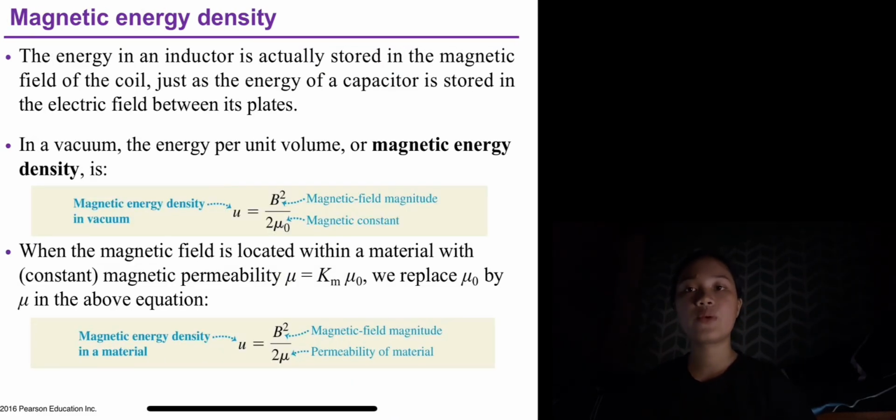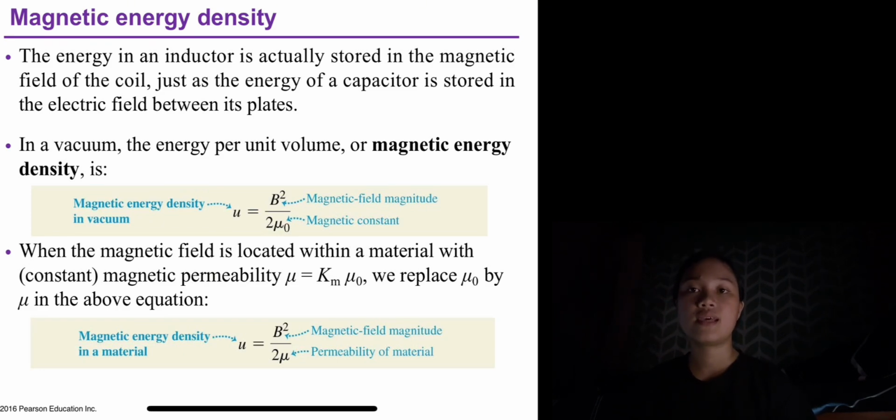To understand where the stored energy actually exists, we introduce the concept of magnetic energy density. Energy stored in an inductor is not confined to a single point or component.